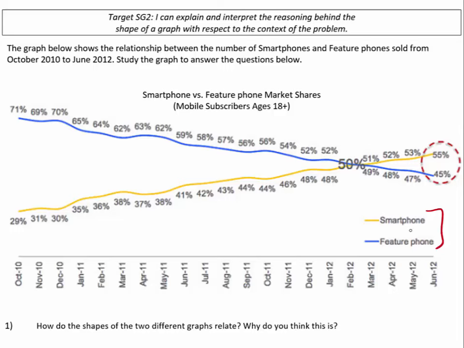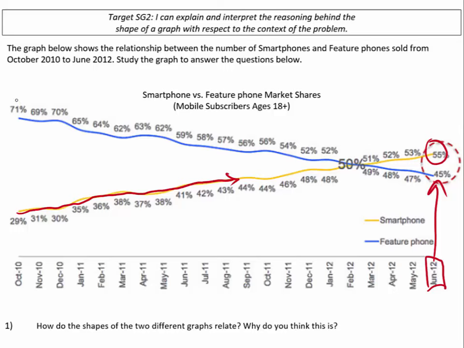Now those used to be a lot more popular because smartphones are relatively new, and so that's the relationship it's showing in this graph. You can see smartphones over the years, they've slowly grown in popularity. They just keep going up and up and up. And you see in June of 2012, they are more popular than maybe the feature phones are.